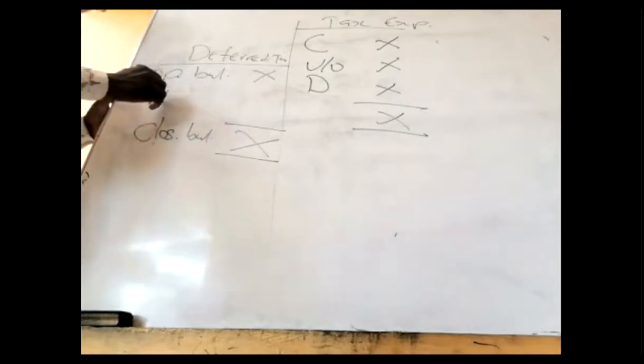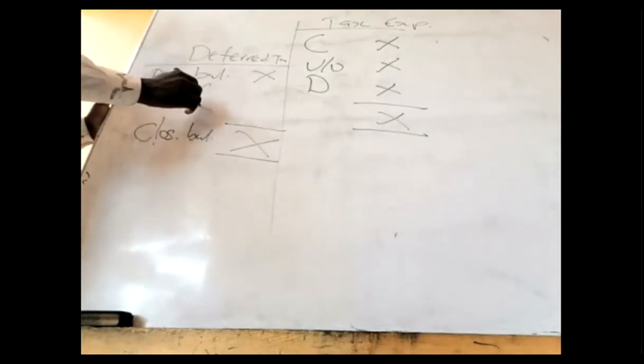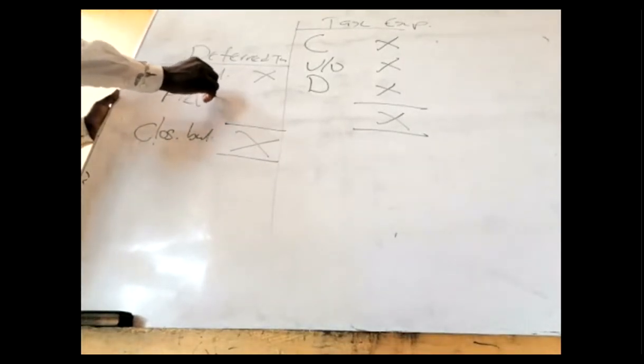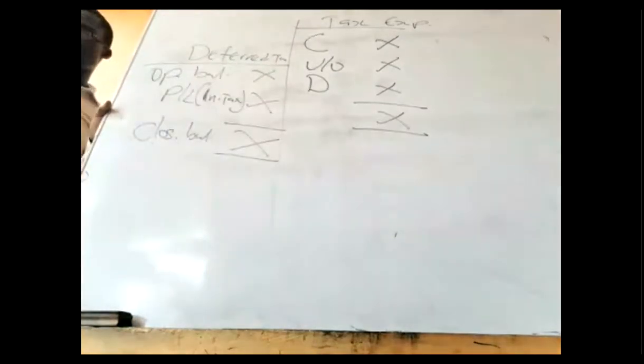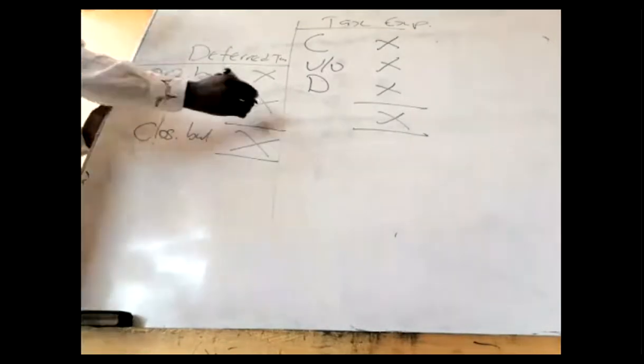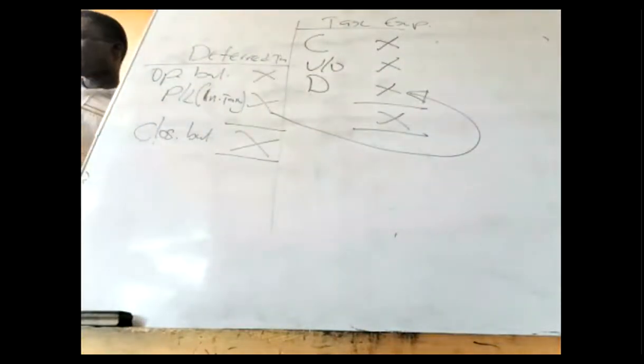So let's write here P&L. To be specific, we're going to what? Income tax. You put a difference here, the balancing figure. Then this figure is the one that we carry here, as it is. How do you get it?